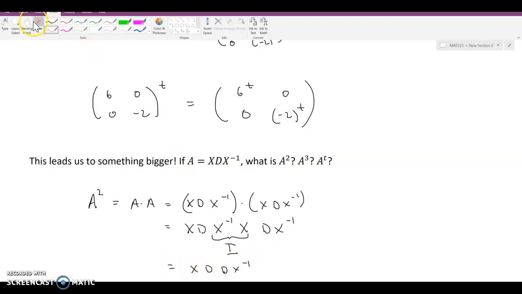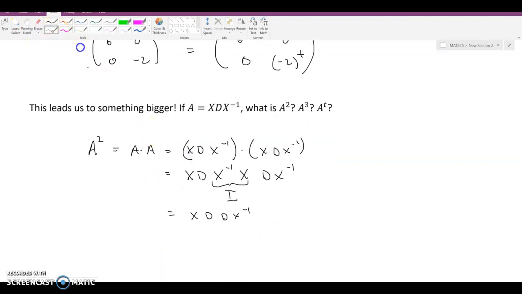And D times D is D squared. And hey, wait, that's a really easy thing to do because it's a diagonal matrix. All I have to do is square its diagonals and then multiply by 2 other matrices. To get A cubed, you can imagine what this is going to look like.